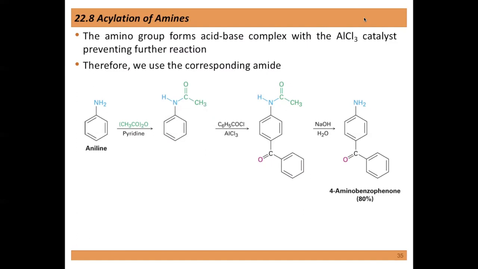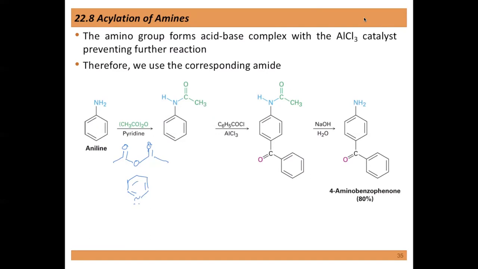In this case here, they're actually going to use the acetic anhydride. And again, similar reactivity to acid chlorides. We're going to use pyridine as the base to soak up the protons. And we can protect the aniline there.